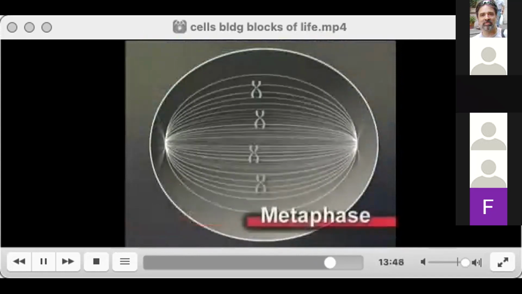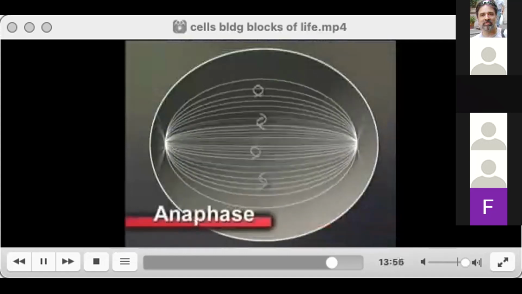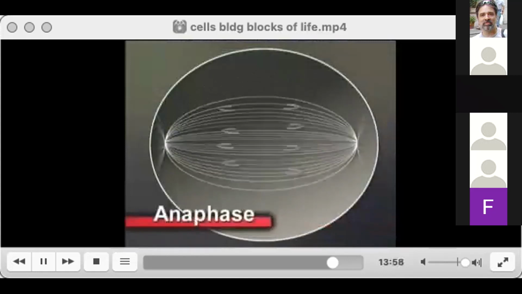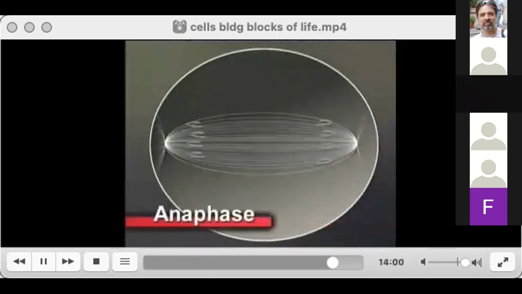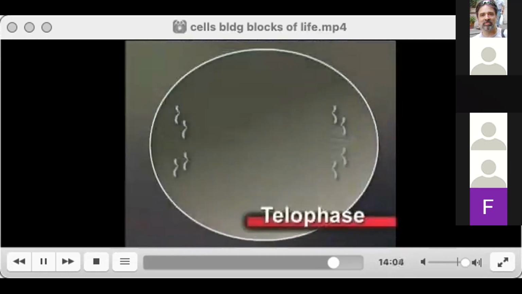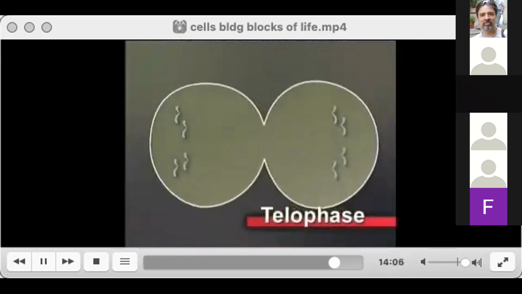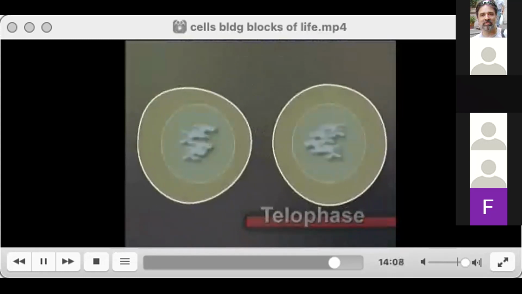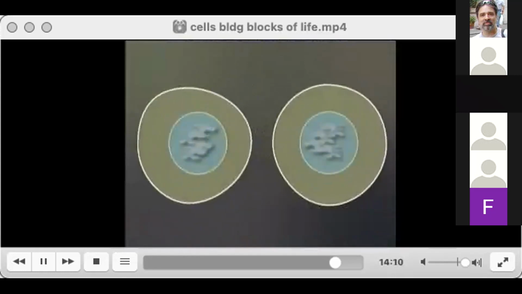In the second phase, called metaphase, the chromosomes are aligned, equally distant from the 2 spindled poles. Next, in the anaphase, the paired chromosomes move to opposite ends of the cell. In the last phase, telophase, the chromosomes are cordoned off in distinct new nucleuses. This happens as cytokinesis divides the cytoplasm, making 2 distinct cells.